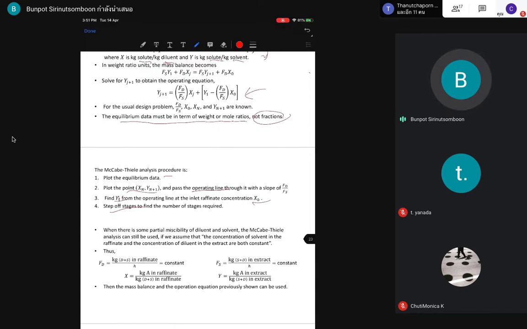And in the case that there is some partial miscibility, when the diluent and solvent may mix with each other a little bit, the Maloney-Schubert method can still be used if we assume that the concentration of solvent in the raffinate and the concentration of diluent in the extract are both constant.